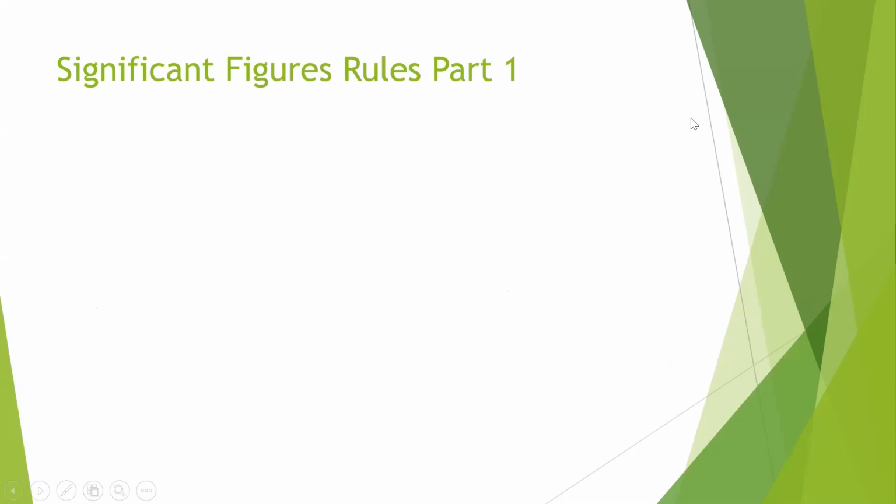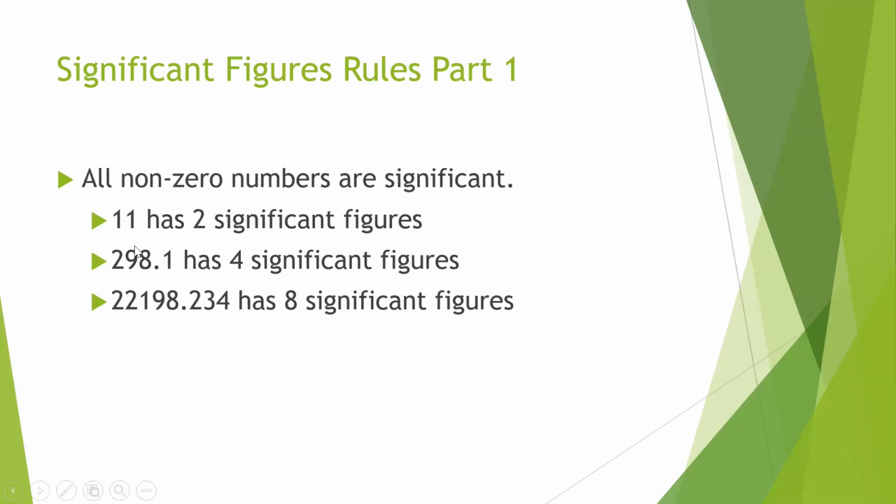Okay, so now we're going to review the rules. There's 4 rules. After these 4 rules, I have 5 example problems to test your knowledge at the very end. So our first rule is all non-zero numbers are significant. So what's non-zero? That's any digit from 1 to 9.